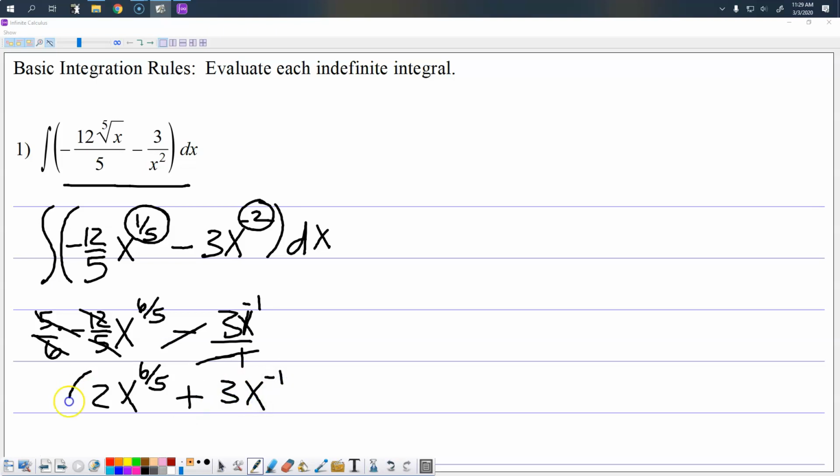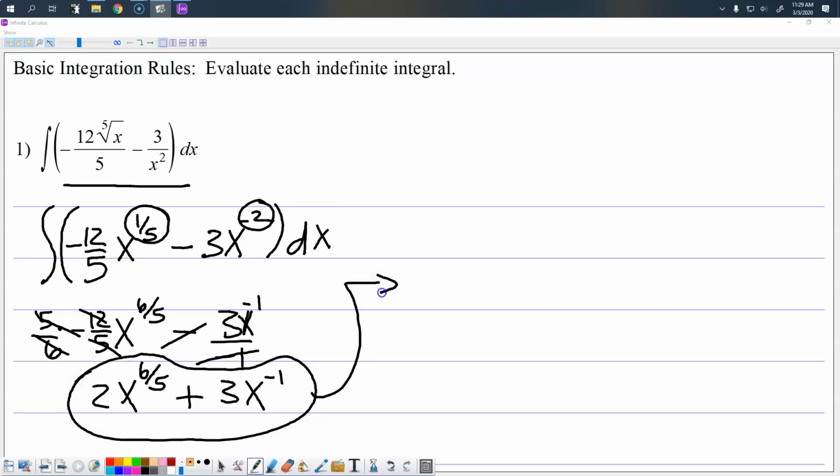They may leave it like this. But they could also write it like this. Or I doubt they'll do this, but it's possible to write it like this as well.